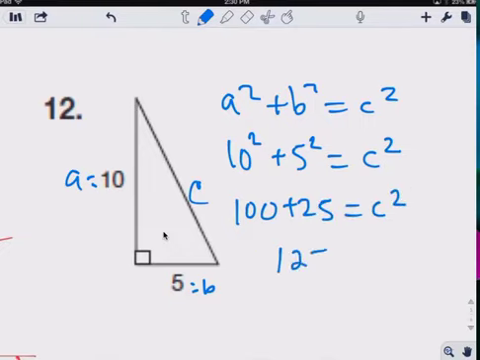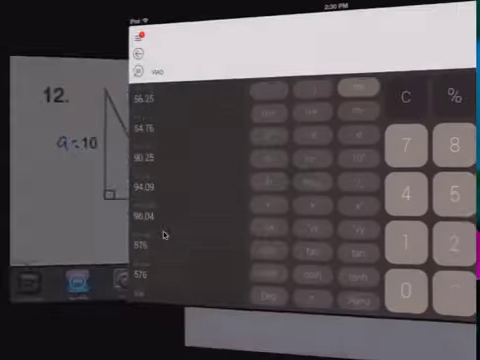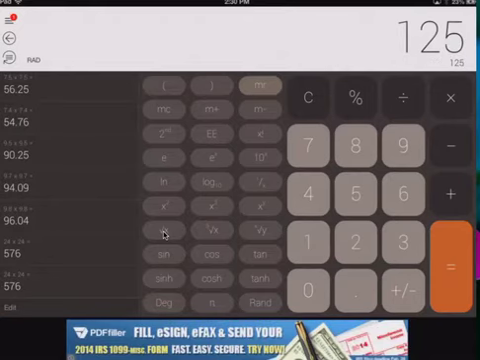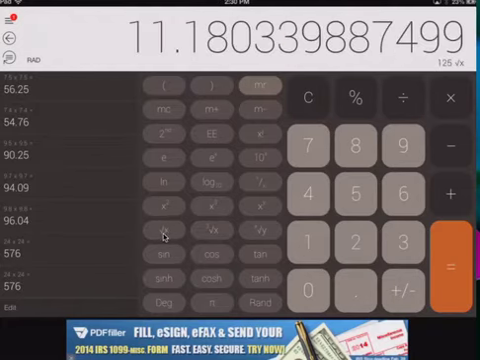So 125 equals c squared. Take the square root, use a calculator. Clear, 125. Go to the square root symbol right there. Press it. You get 11.18.